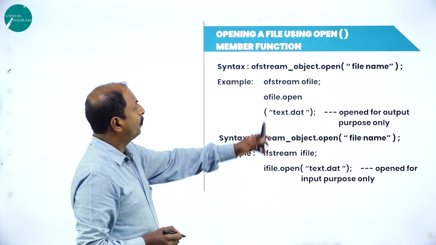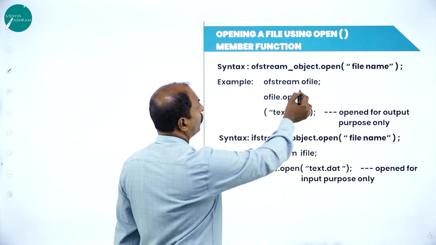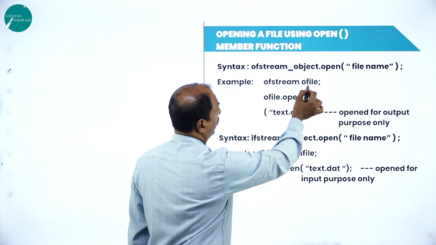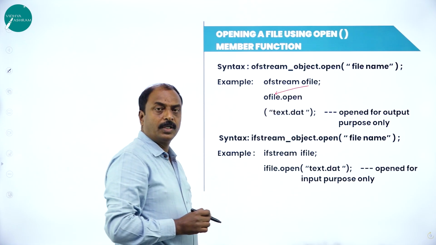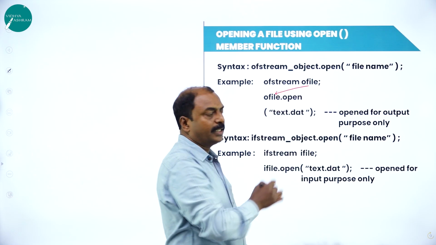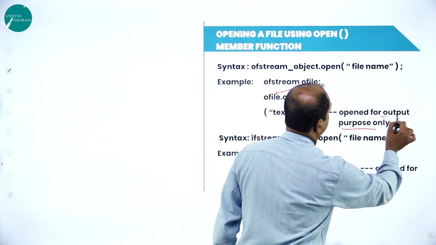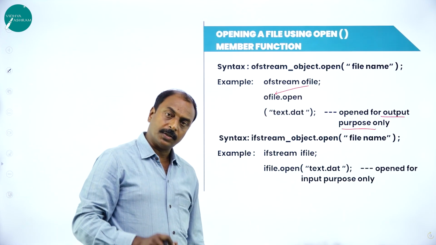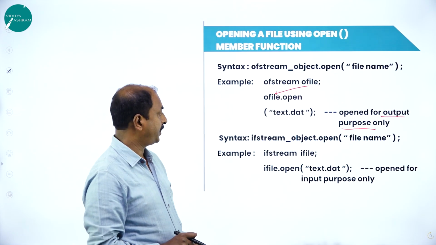For example, ofstream ofile. Here ofile is an object of the class ofstream, then ofile.open and the file name. Here the meaning is that text.dat is a file opened for output purpose, which means output operation. We can only write data onto the file. So this is opening a file using the open function.